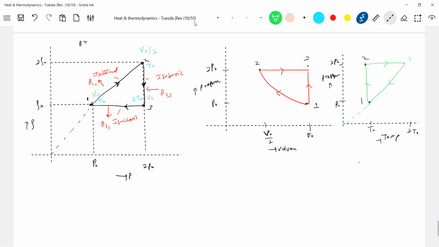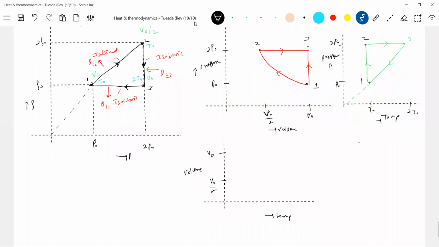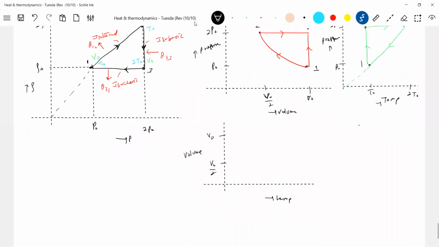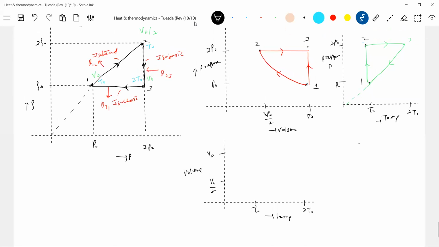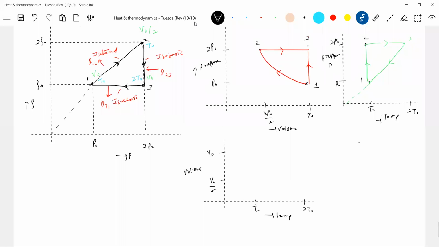Okay, the last one, volume versus temperature. Volumes are V0 by 2 to V0. Temperatures are T0 to 2 T0. Look at the points: V0, T0 is point 1. Point 2 is V0 by 2 and T0.